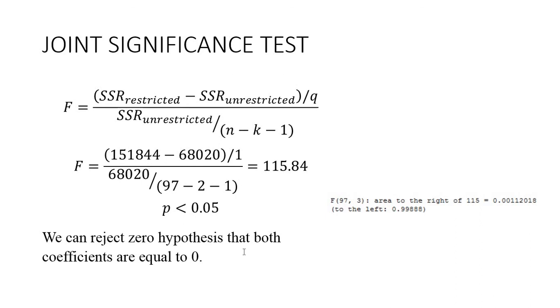So the null hypothesis states that both coefficients are equal to 0, and it's not true. Actually, when it comes to GNI per capita, it turned out to be statistically significant. That's why in this case we can reject the null hypothesis. Speaking very informally, the joint significance test is just a test for significance, not for one variable, but for a combination of several variables.